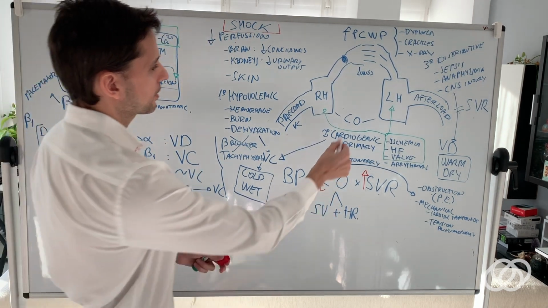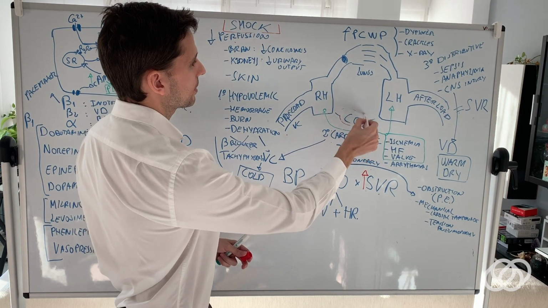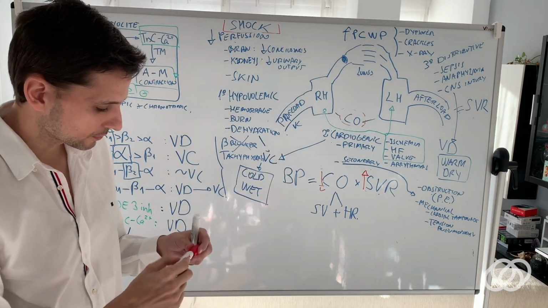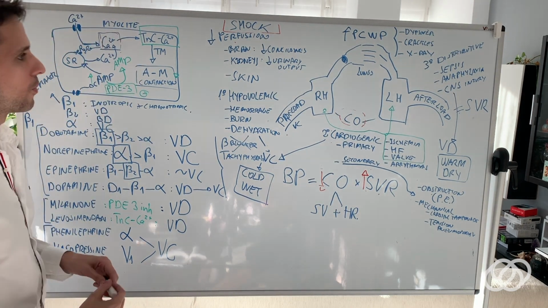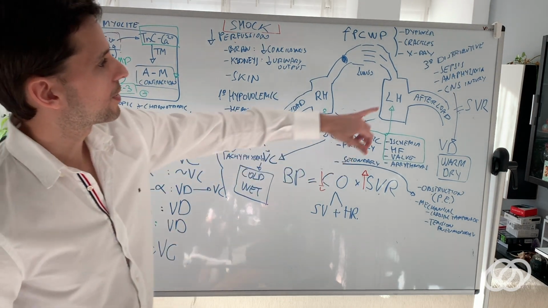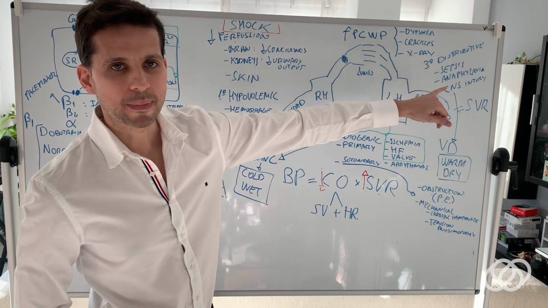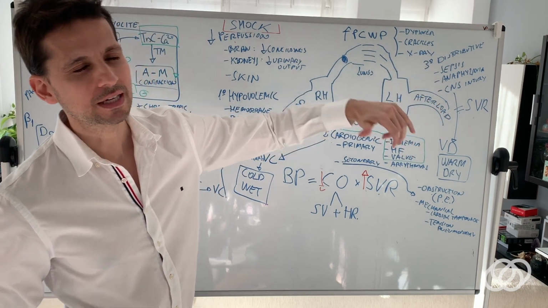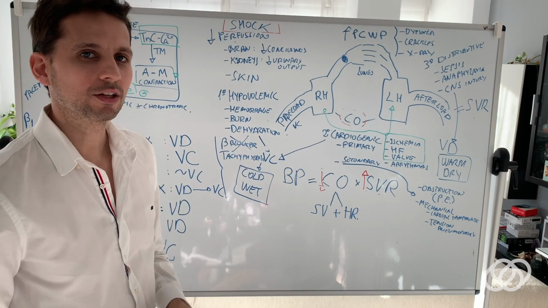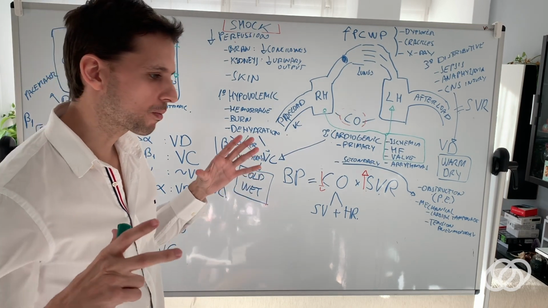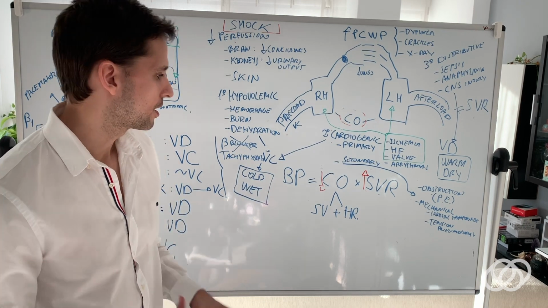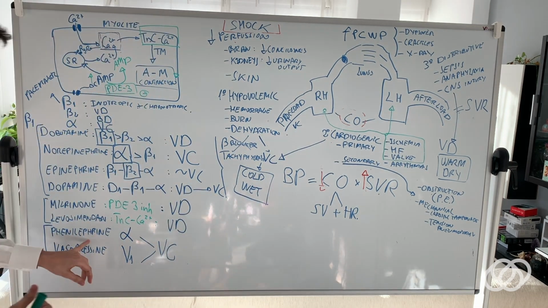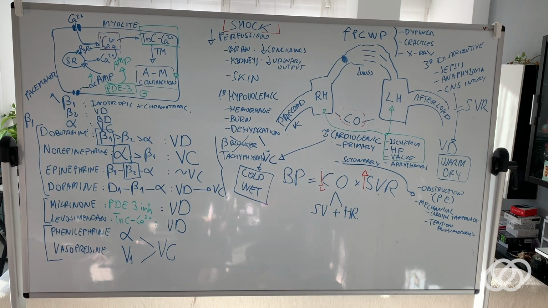And this is something that we don't want in a patient with shock. However, sometimes when we have a patient mainly with distributive shock, a patient in which we have already given other inotropic drugs and we want a more powerful vasoconstrictor effect, we add one of those two, phenylephrine or vasopressin, but it's not very often.